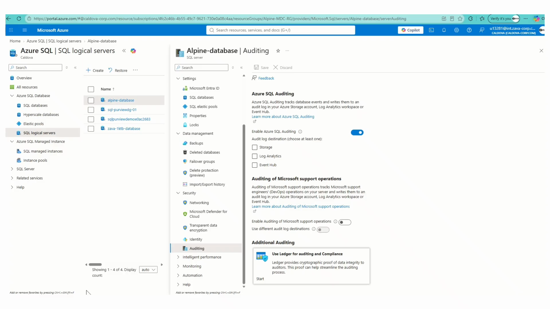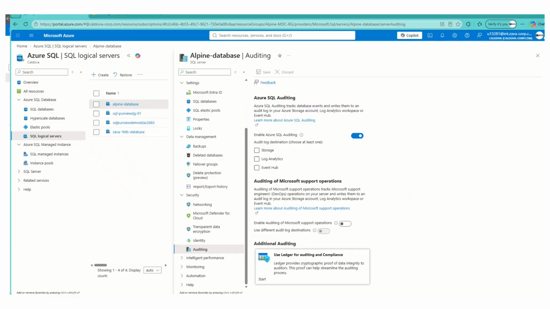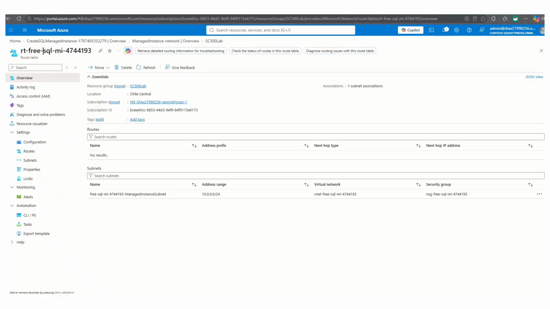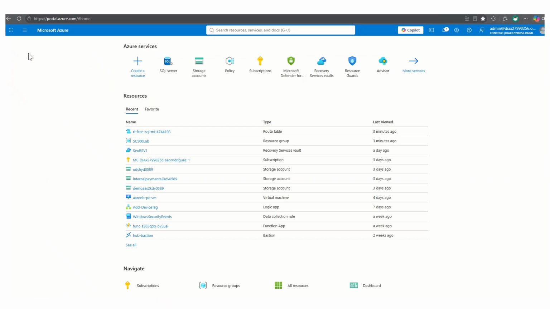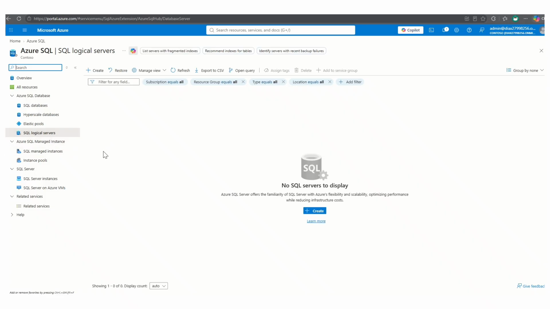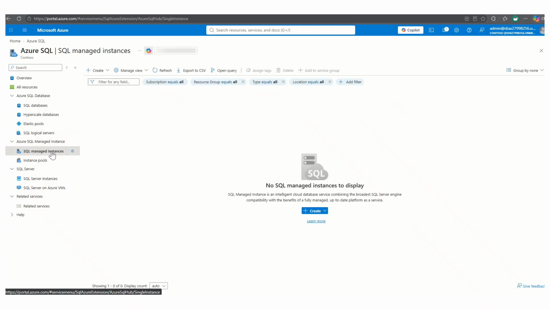Managed instance basically means that it's managed by Microsoft, and therefore there's not much for you to do. I cannot do it on this server, but you would come to the managed instance right here. We don't have anything there because they are expensive.